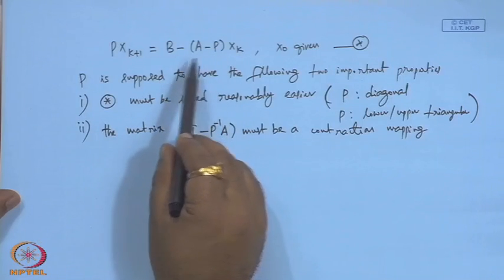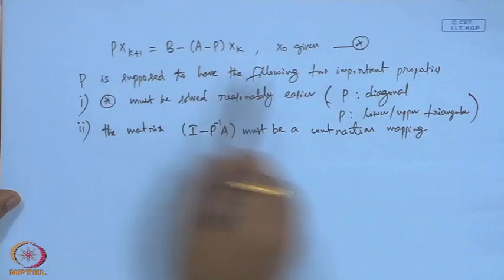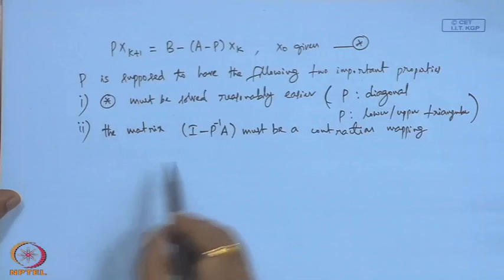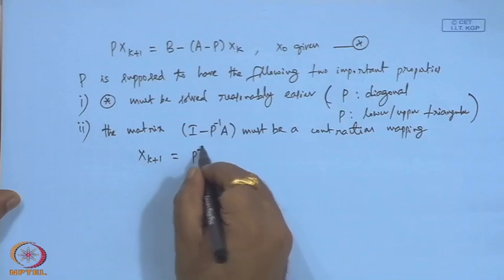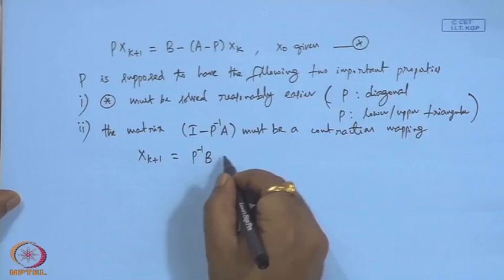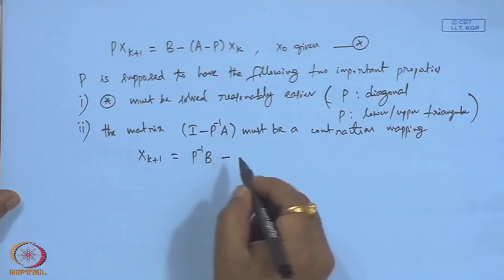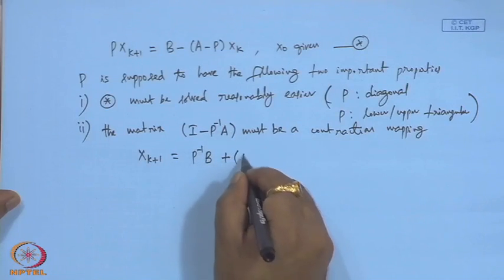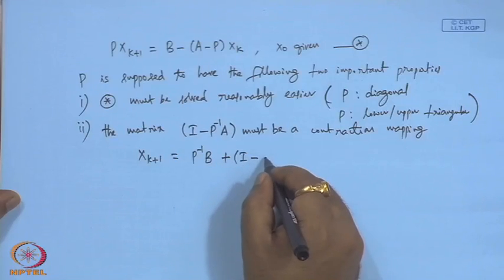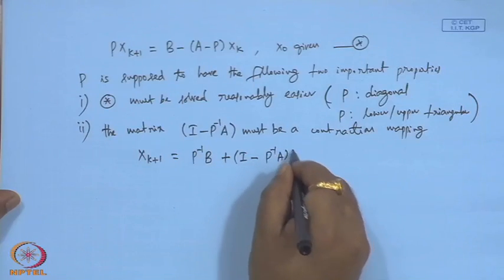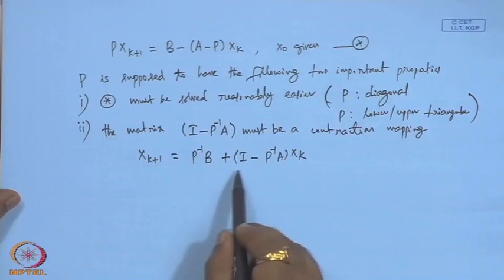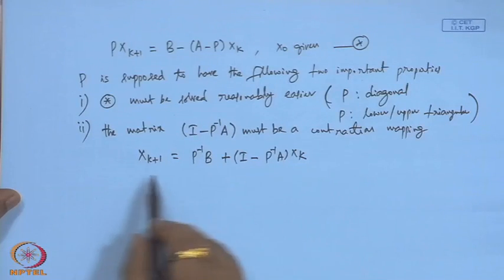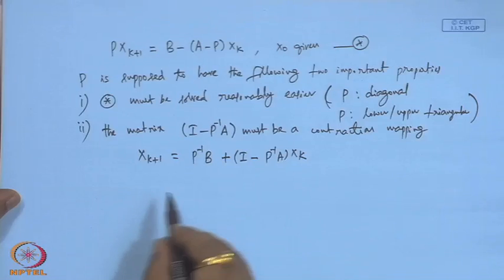So here, when we get such a structure, since P is non-singular, we can write it as I minus something. Therefore, this must be a contraction mapping so that the method converges.